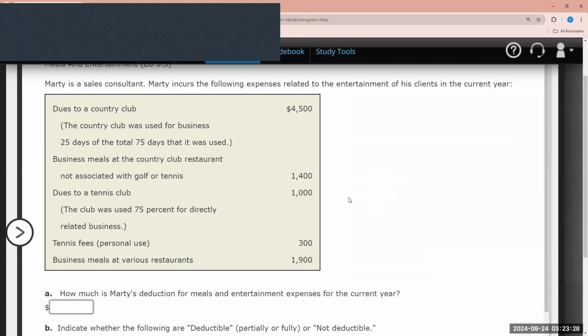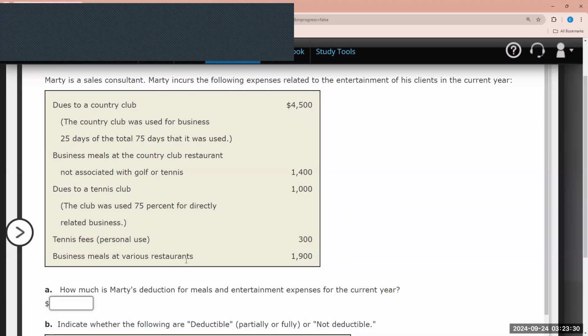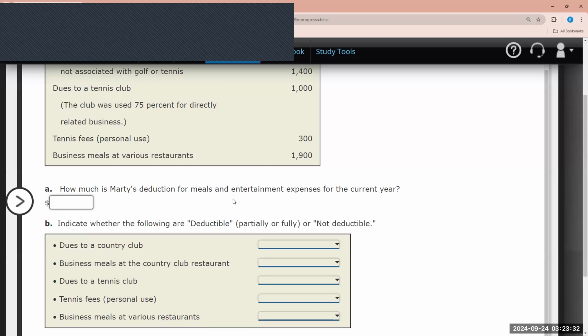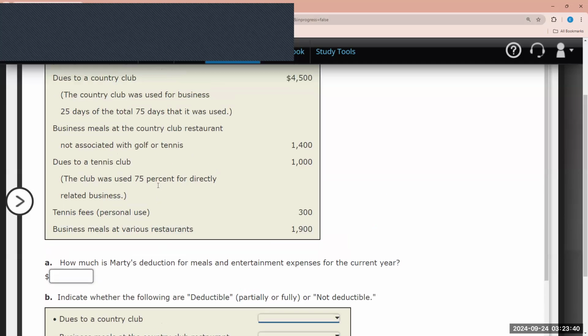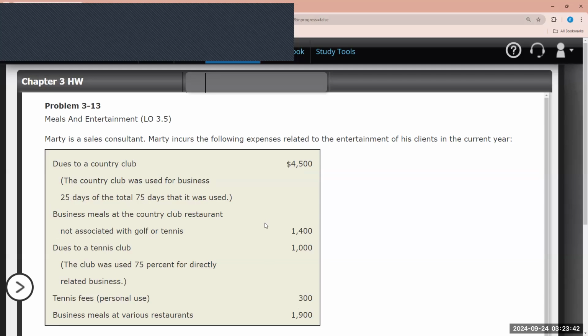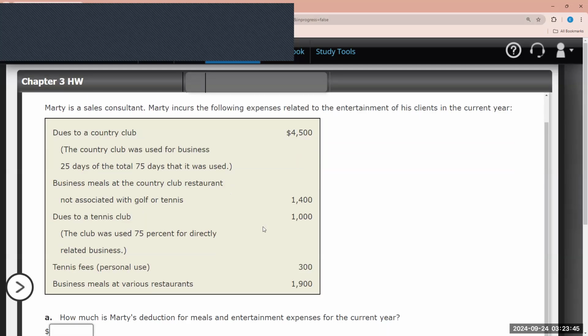All right, this brings us to our next problem. It asks us, how much is Marty's deduction for meals and entertainment for the current year? Indicate whether the following are deductible, partially or fully, or not deductible. So it states, Marty is a sales consultant. Marty incurs the following expenses related to the entertainment of his clients in the current year. So we have dues to a country club.